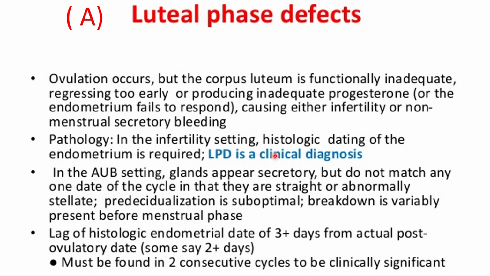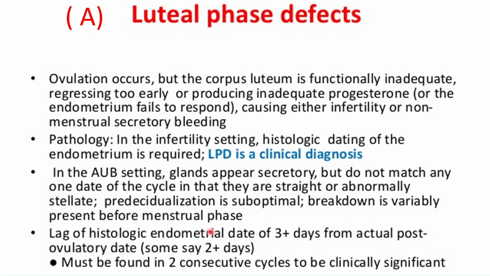In the infertility setting, histologic dating of the endometrium is required, and luteal phase defect is a clinical diagnosis. In the AUB setting, glands appear secretory but do not match any one date of the cycle in that they are straight or abnormally dilated. Predecidualization is suboptimal.